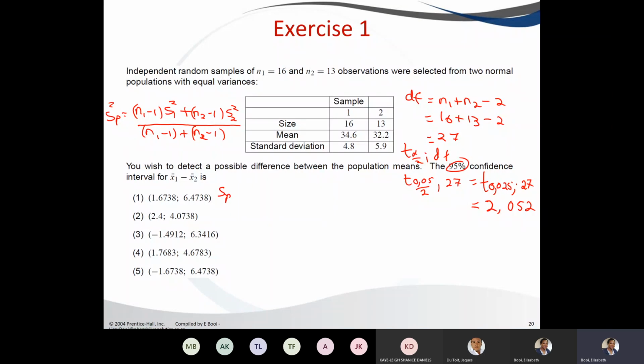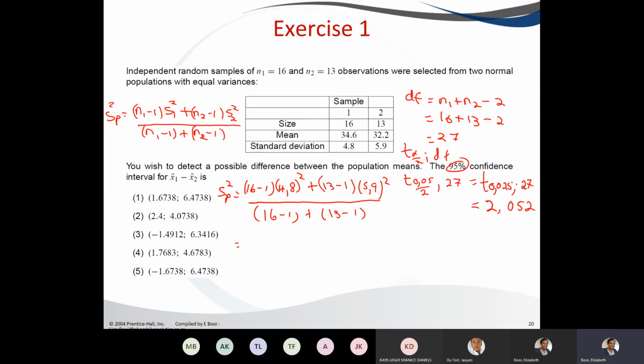So our Sp squared, our n is 16 minus 1. Our standard deviation was 4.8, and we can square that, plus 13 minus 1, 5.9, and square that, divide by 16 minus 1 plus 13 minus 1.